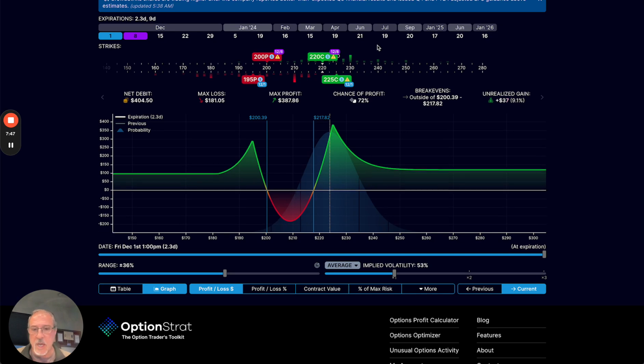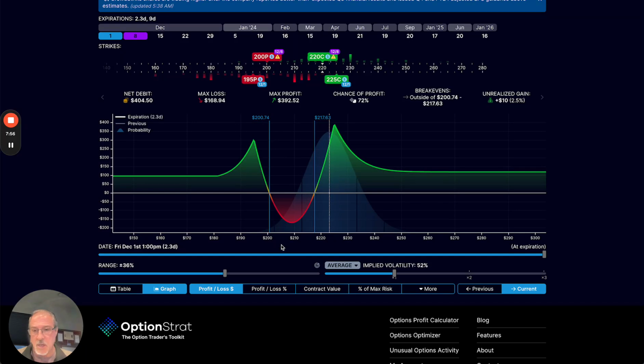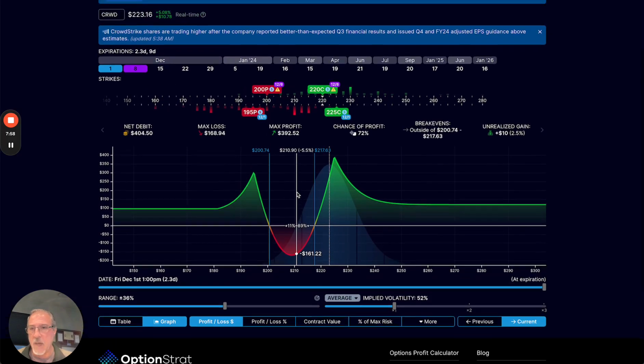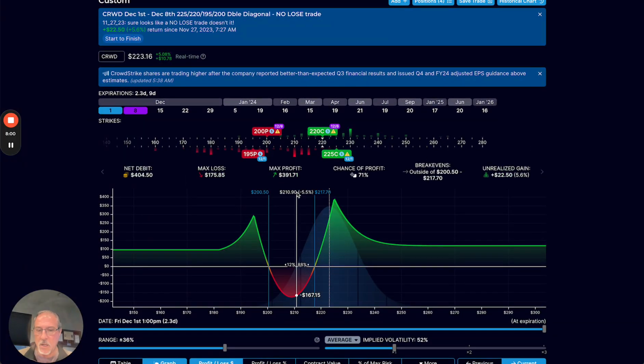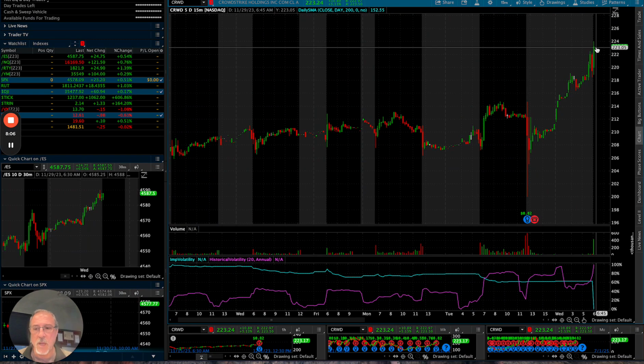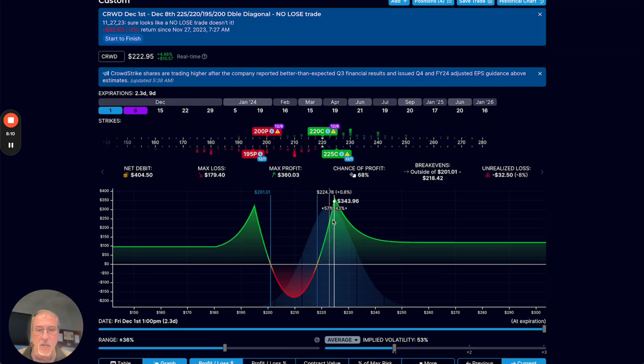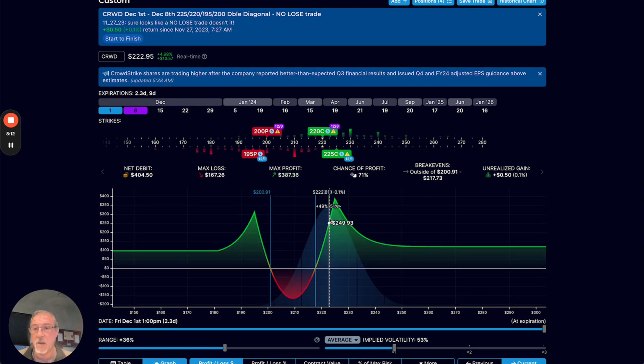But that said, right now the important takeaway is that people can see that this particular trade does in fact have a significant valley of death, where when it modeled it did not look like it did. The underlying at this point is trading up here at around 223. And again, it had shown that at 223, it should have had a very, very nice profit to it, but it simply does not.